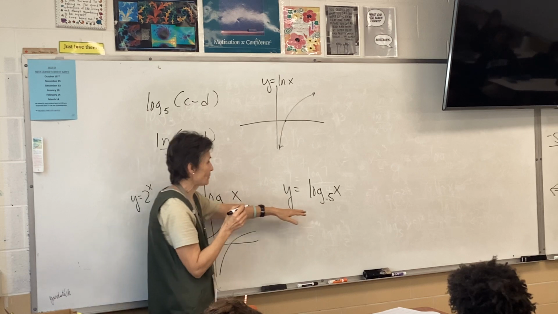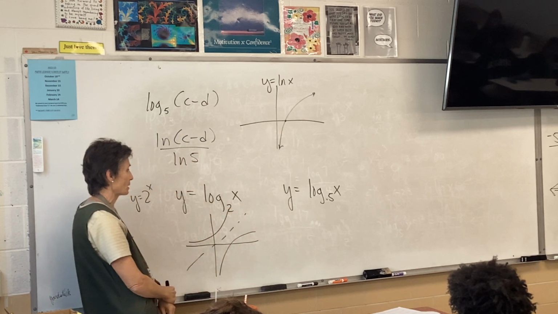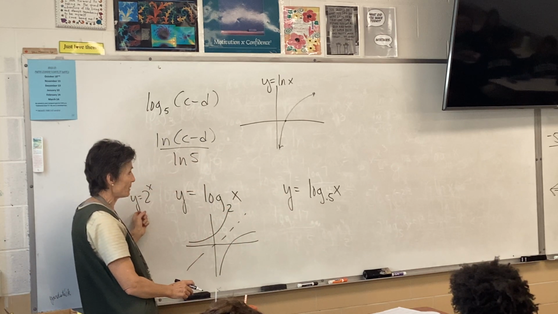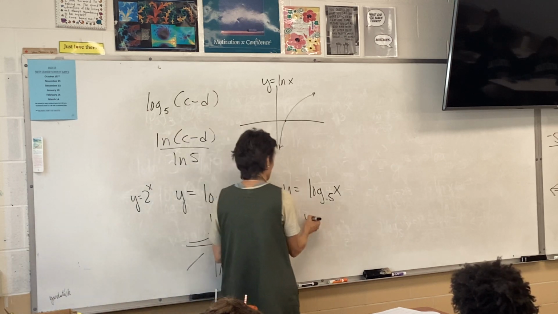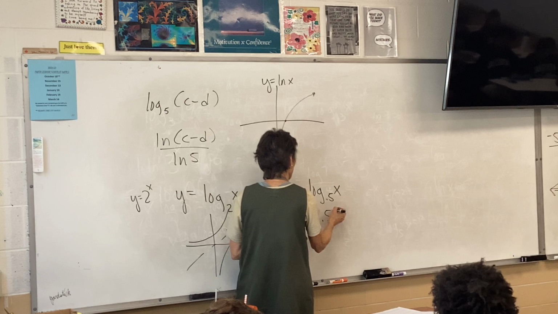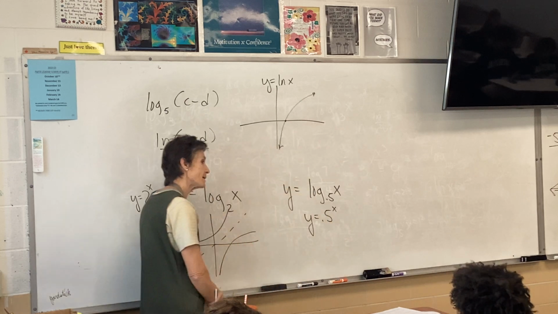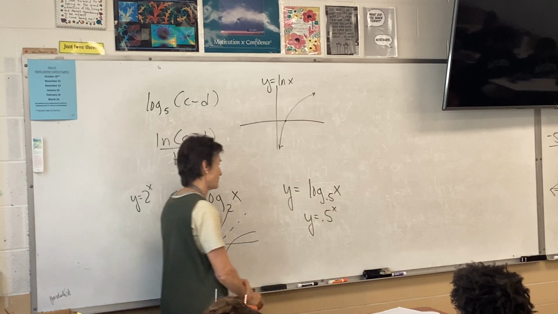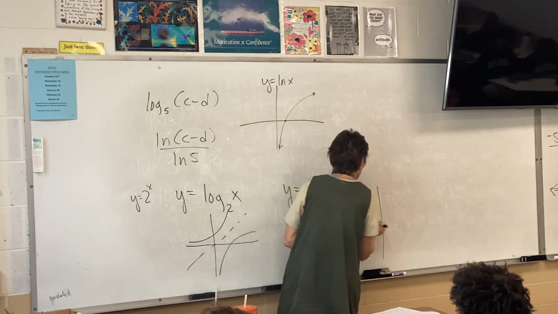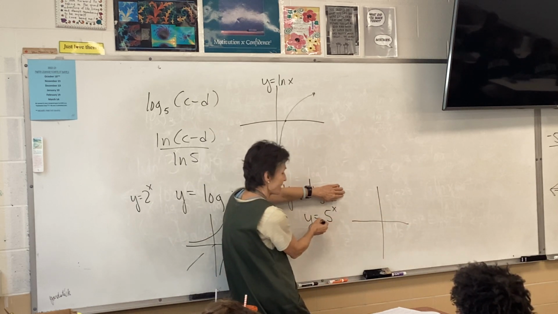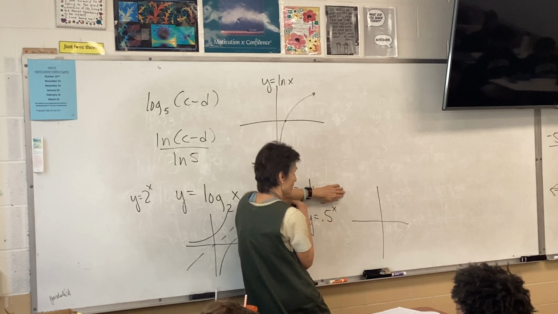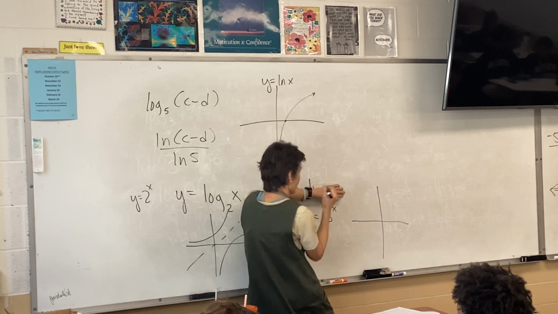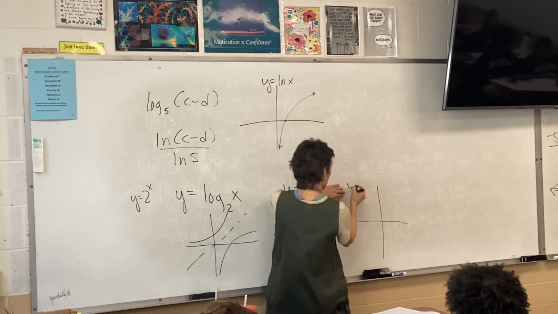What would the inverse of this be? Would it be y equals 0.5 to the x? And what does that look like? y equals 0.5 to the x gets smaller and smaller. Now, that's not this. This is the inverse. So that's a decay problem. So won't that look like this?